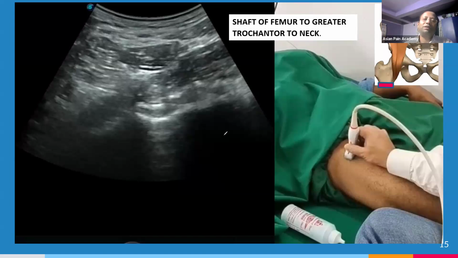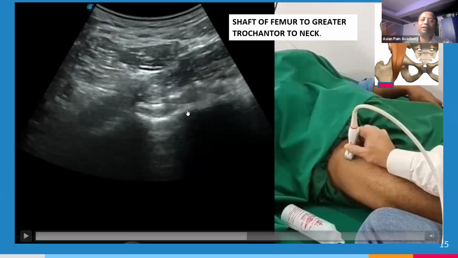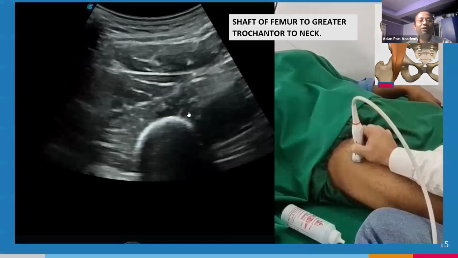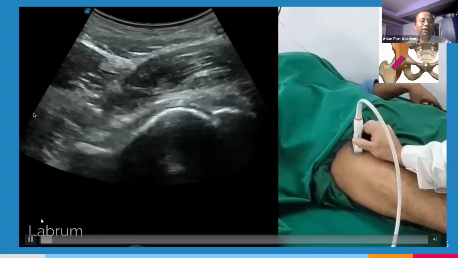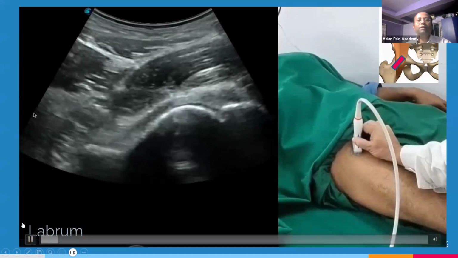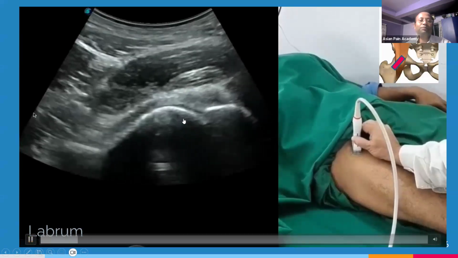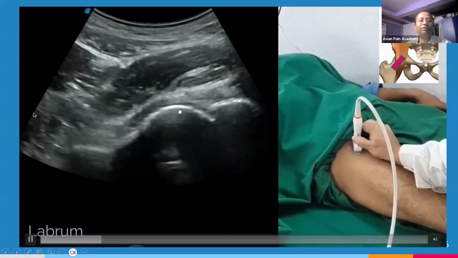So either you can start from the shaft area and go to the greater trochanter area, then fixing one side under your probe, you can move the other side, and you can see the full head neck like that. That is also one technique. Or another technique is just search the head of the femur. Okay, so here let us search the head of the femur. Here it is already searched. So this round thing is the head of the femur.